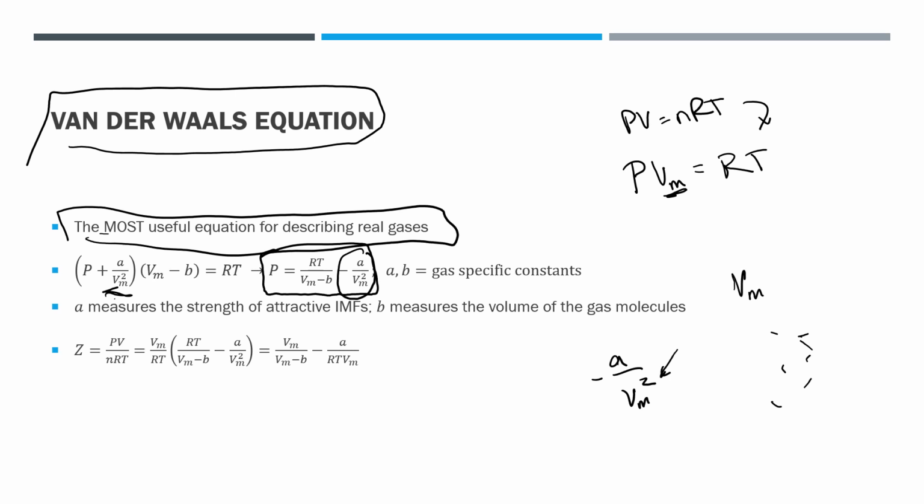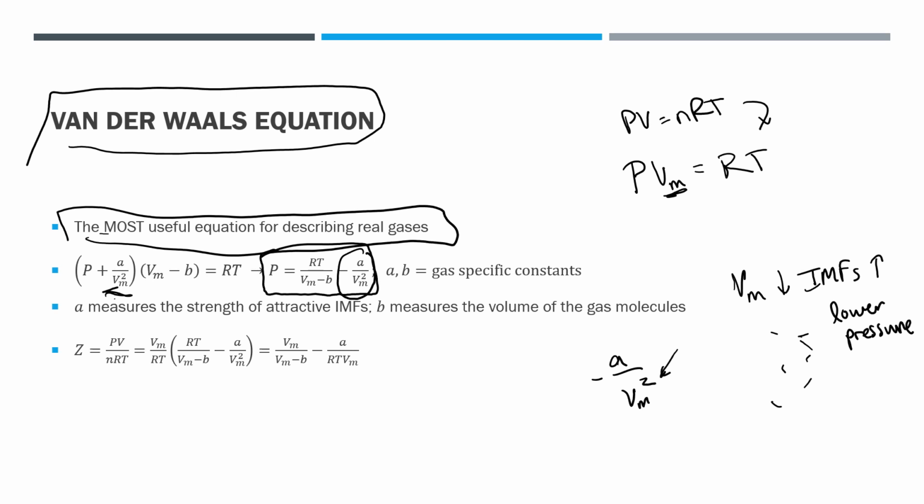If we have a small molar volume, that means we have very packed gas particles, which means that IMFs are very strong, and we have a decrease in pressure because the IMFs increase, and that's going to reduce the pressure even more. So that's why we have this second term, minus A over V molar squared.